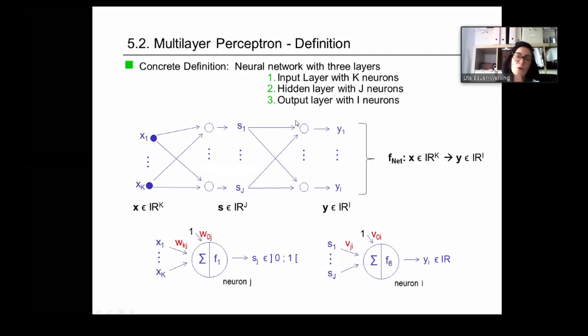So this is what the details of the neurons in the hidden and the output layer look like. As you can see, the sigmoid logistic activation function is the nonlinearity. This produces the nonlinear transformation. Everything else is linear.